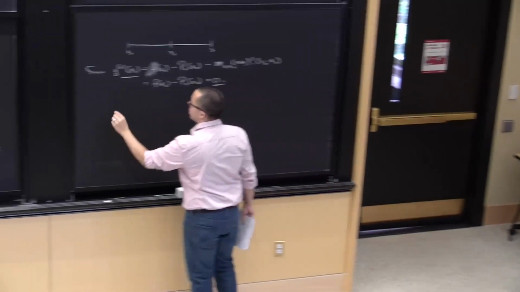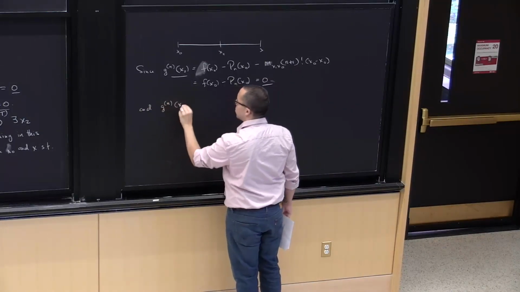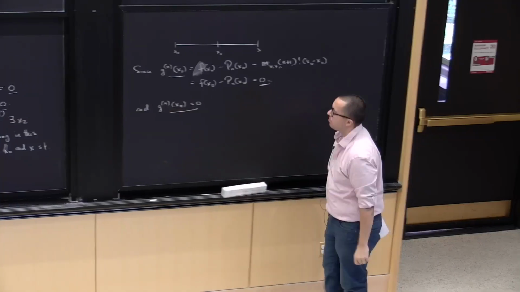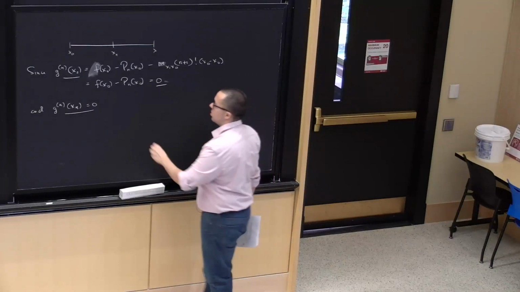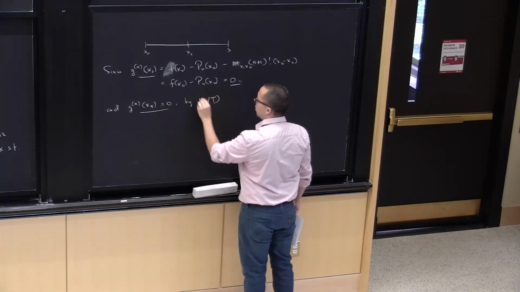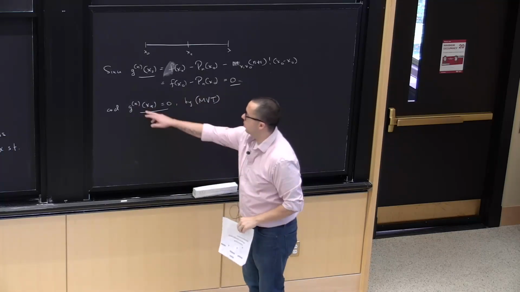So since we have that, and we have it equals 0 at this other point, there exists, by the mean value theorem now applied to g sub n, the nth derivative of g.